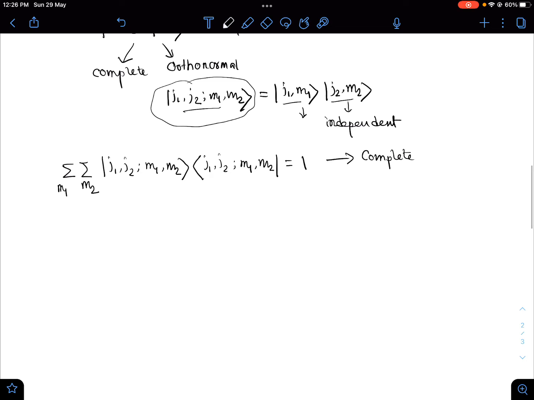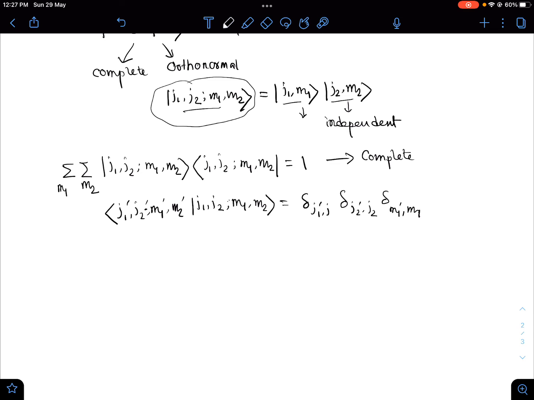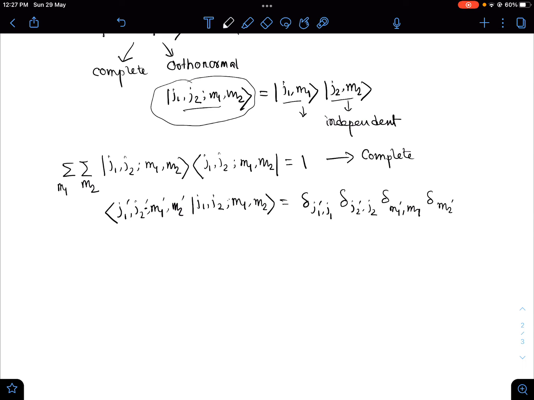And for orthonormality, we have to show that <J1, J2, M1, M2| multiplied with another state |J1', J2', M1', M2'> gives us 0, or we can write this formally as delta J1' J1, delta J2' J2, delta M1' M1 and delta M2' M2.